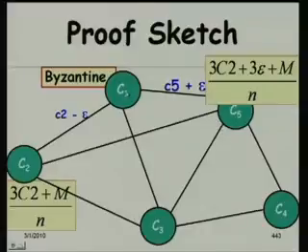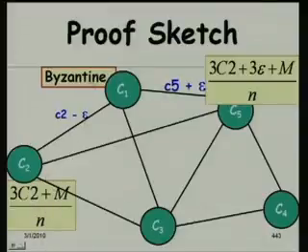Now, let us see the impact of these 3 clocks that we have shown here. So, the value computed by C5 will be 3 C2 plus 3 epsilon by n, and this will be 3 C2 plus M by n.